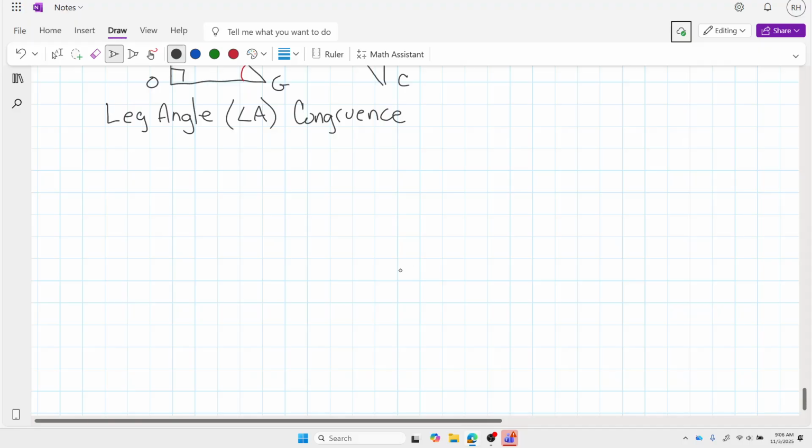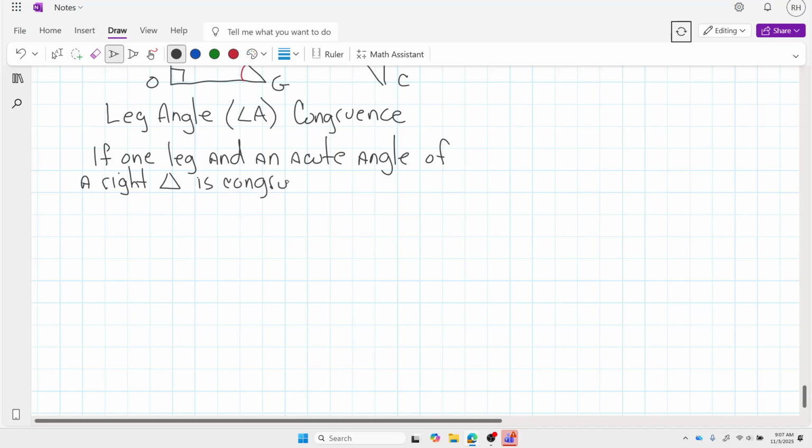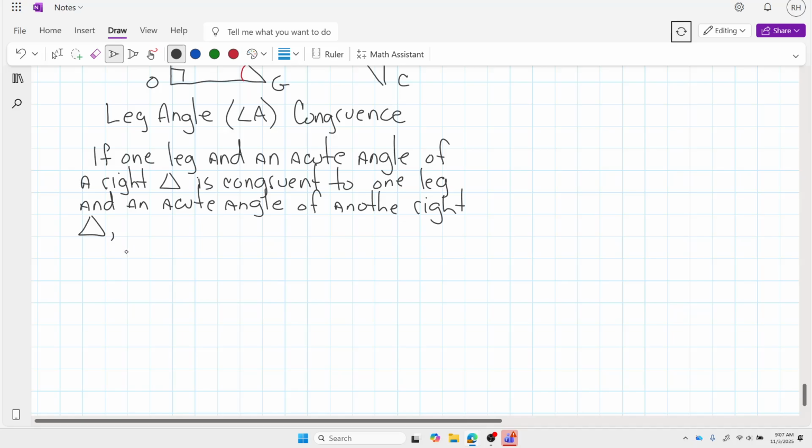And this theorem states if one leg and an acute angle of a right triangle is congruent to one leg and an acute angle of another right triangle, then guess what?